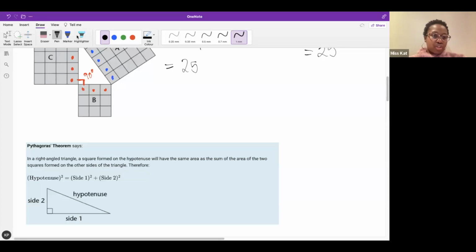So if you look at my triangle over here, side 2 squared plus side 1 squared will give you the hypotenuse squared. Does that make sense?